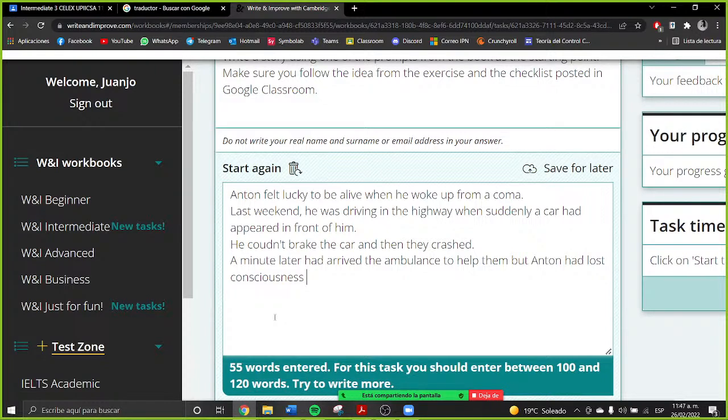And the next paragraph is the following day. Last point. The following day. Maybe now he was in the hospital. Yeah, he was in the hospital, or he woke up in the hospital. He was... ahí tengo duda. In o at. At.